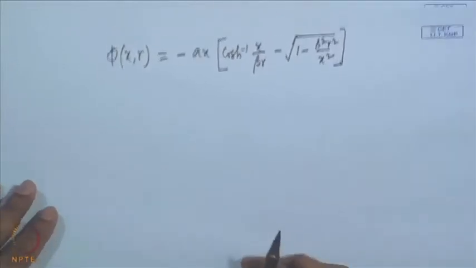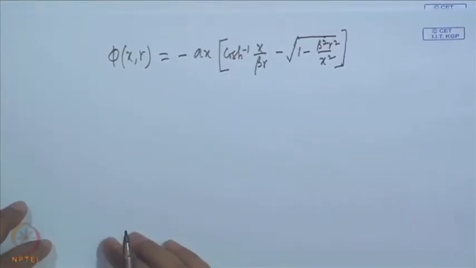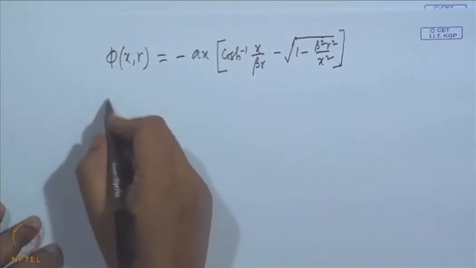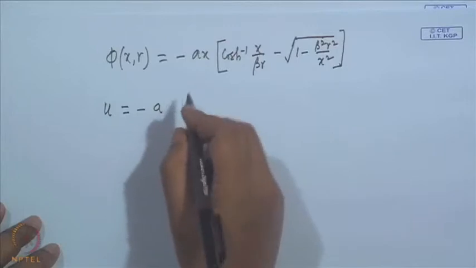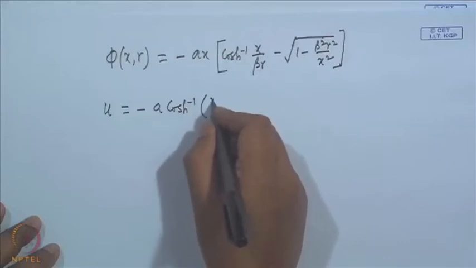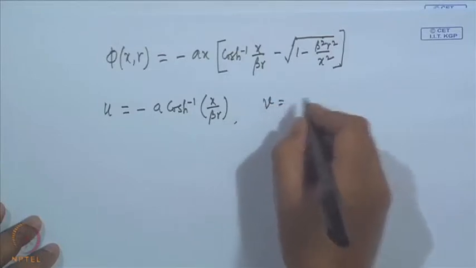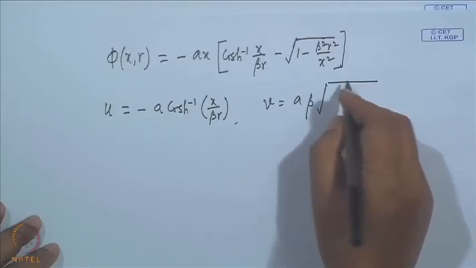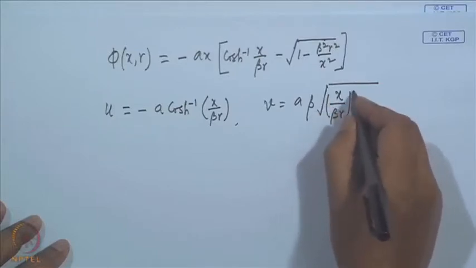The velocity components can be obtained directly by differentiation, or also of course, using those general expressions for u and v and integrating. However, this we can write as u equal to minus a cosh inverse x by beta r, and v equal to a beta into root over x by beta r square minus 1.